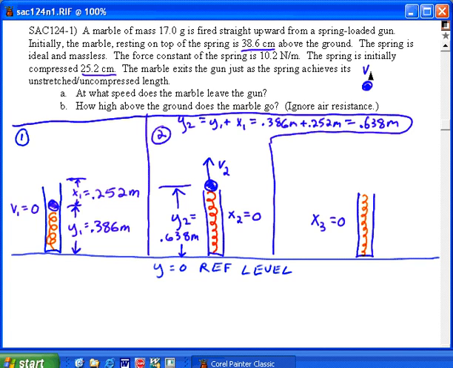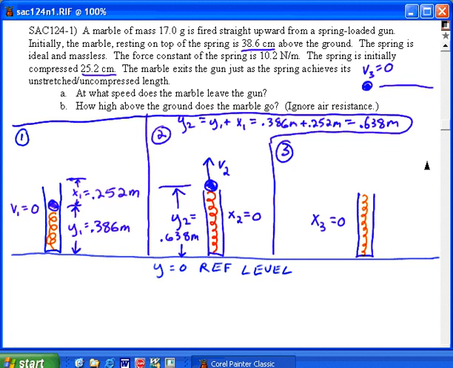So I'll call that V3, the speed in picture number 3, and it's 0 at the top. So it had some upward velocity, which was decreasing the whole way up, and then it achieves 0 velocity at the top, and after that it's going to start picking up a downward velocity as a result of the gravitational influence of the Earth on it.